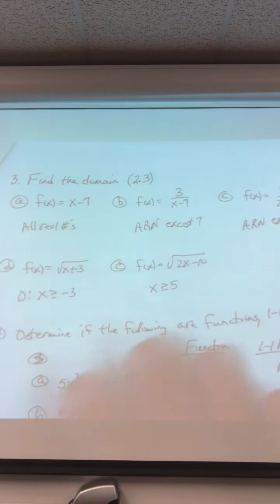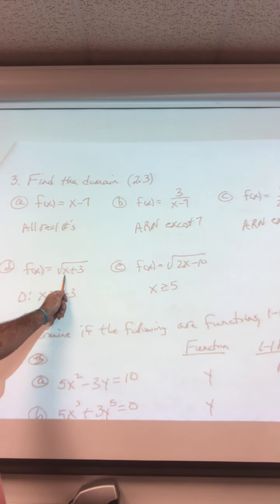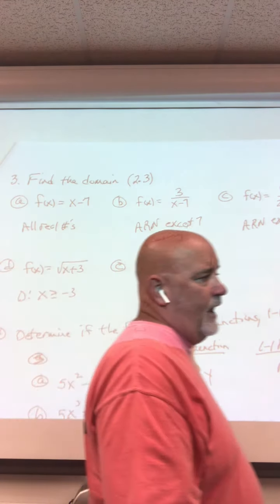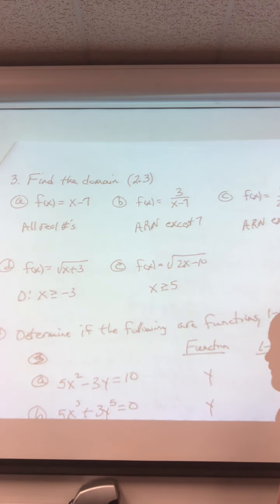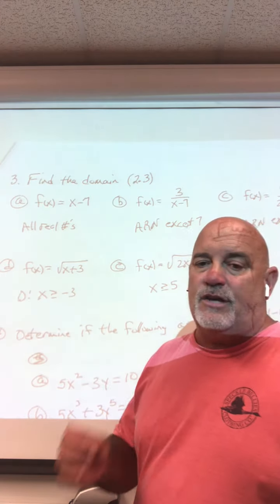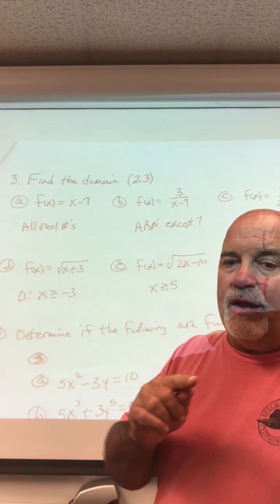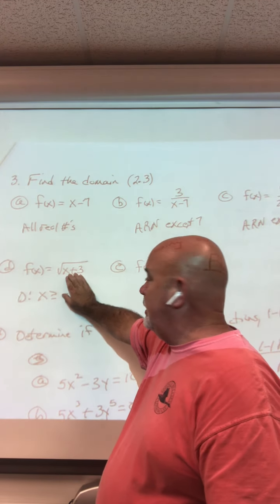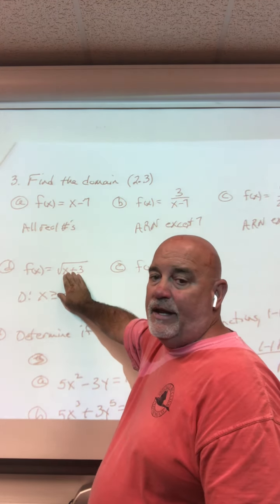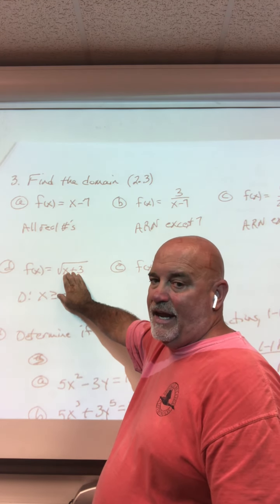Now, these next two are two completely different animals. Because these next two, your x is not in the denominator, it's under a square root. Now, what can we not take square roots of? Negative numbers. Remember what we said you do here is you take your radicand and you set it greater than or equal to 0. So here's what you do on this problem. You'd write x plus 3 greater than or equal to 0 because you don't want it negative.